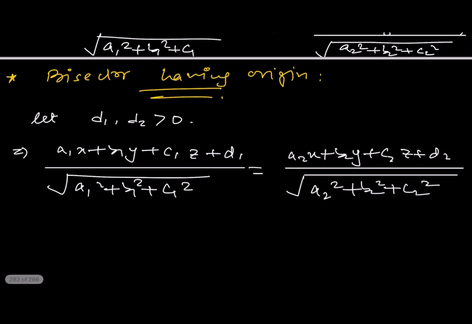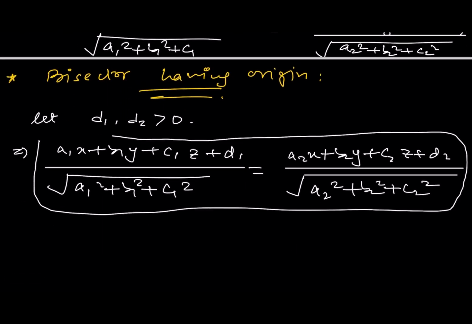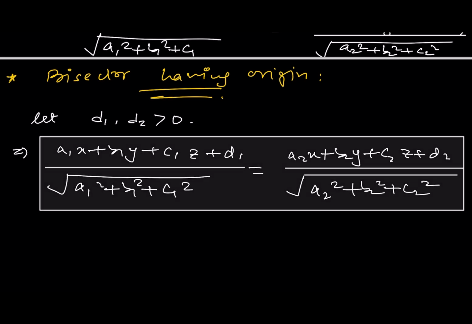Students, those who are first time on this channel, please go through the last video, because in the last video we have derived the equation of bisectors, right, for the angle between the two planes, and in that we have seen bisectors having plus sign and minus sign.